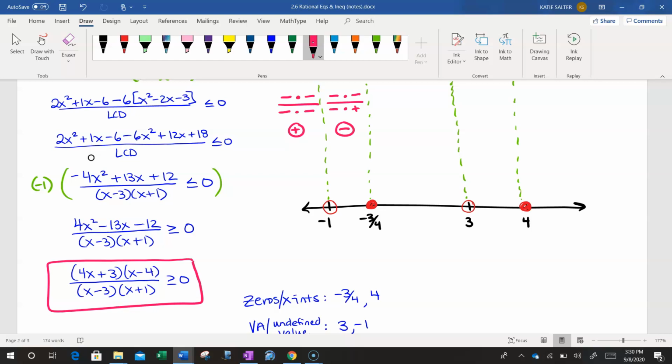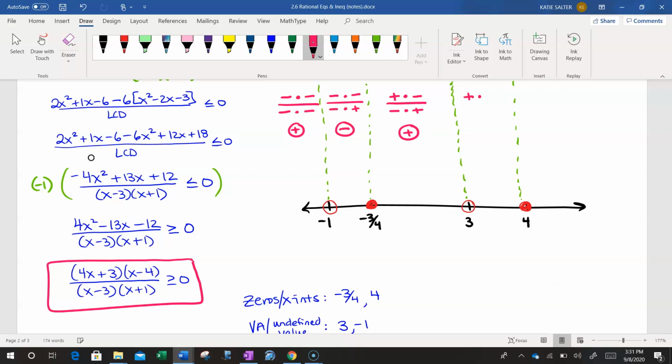All right, the easiest number in the next section to substitute would be 0. So if we substitute 0 into 4x + 3, it's going to be positive. The x - 4 is going to be negative. And the x - 3 is going to be negative, and the x + 1 is going to be positive. So an even number of negatives is going to make this section positive. If we substitute a number between 3 and 4, let's say 3.5, it's going to make the 4x + 3 positive.